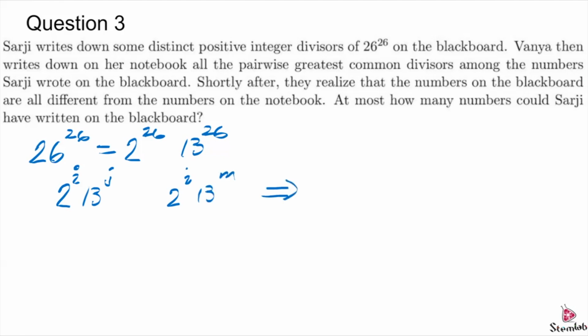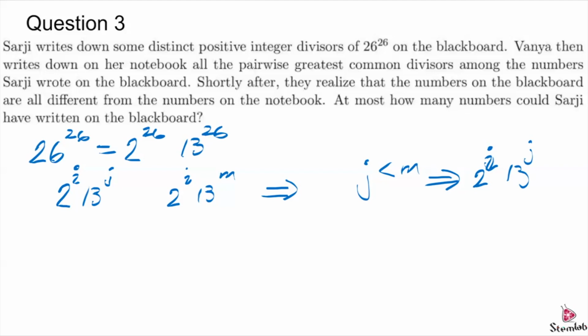Assuming j is less than m, the GCD is 2^i times 13^j, so you would have written the same thing in your notebook. So we cannot have the same power of 2 on two numbers on the blackboard. Similarly, you cannot have the same power of 13 on two different numbers.